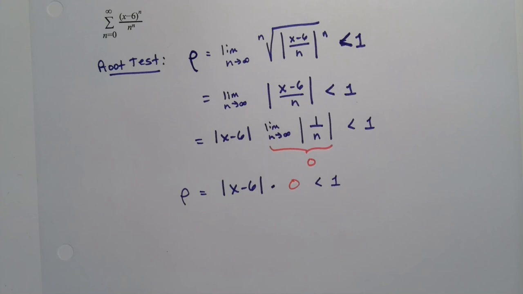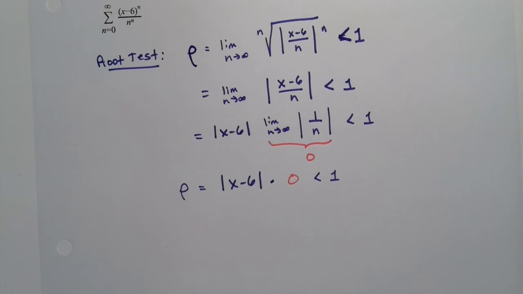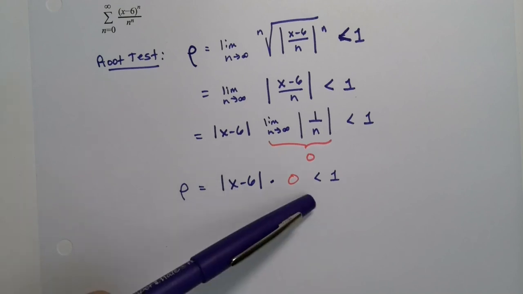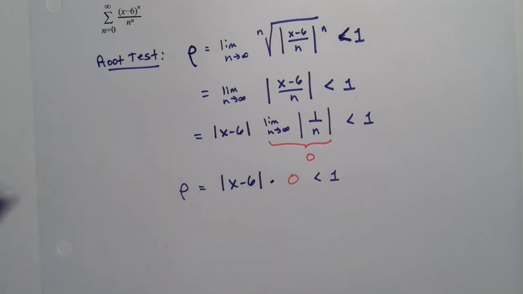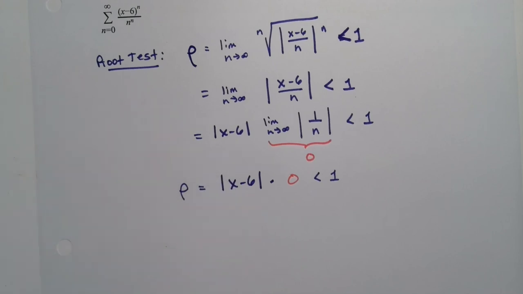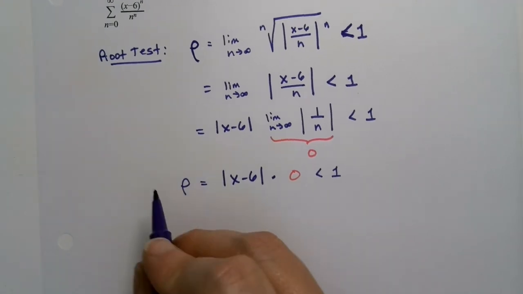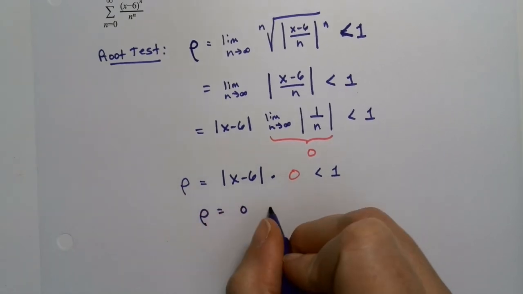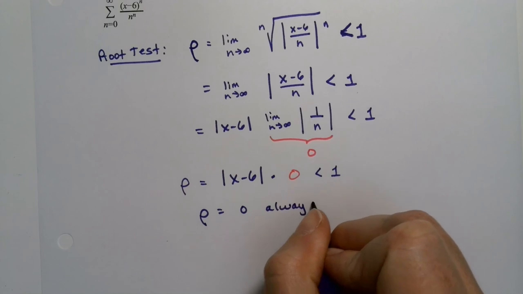For what values of x will that be less than 1? Well, for all values, because whatever this is, whatever it is times 0 will be less than 1. It could be 7, could be 17, could be 70 million, doesn't matter. It's always going to be less than 1. So that means rho is equal to 0, which is always less than 1.